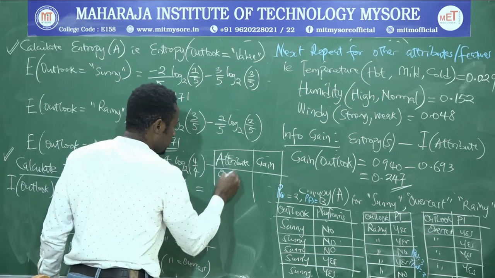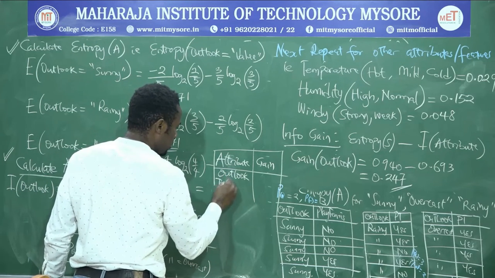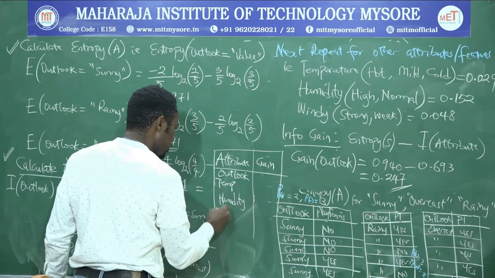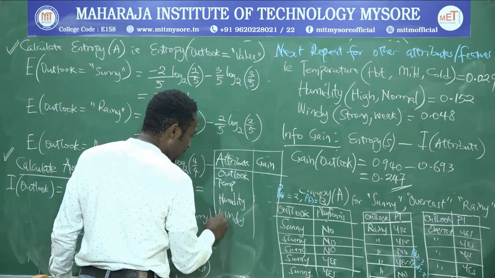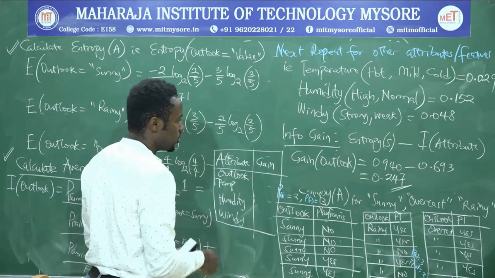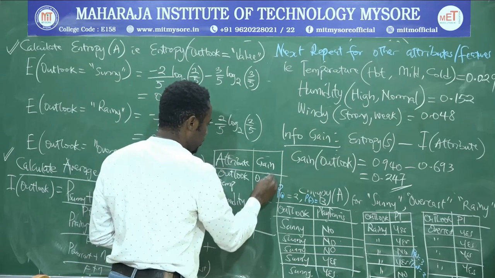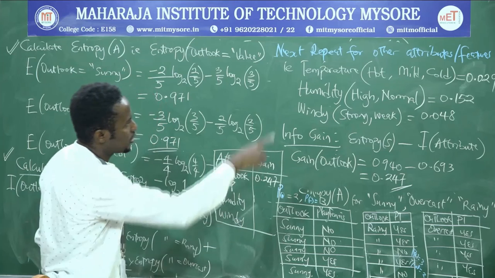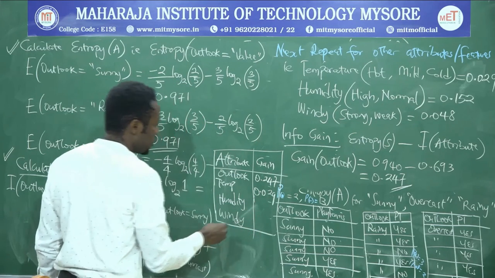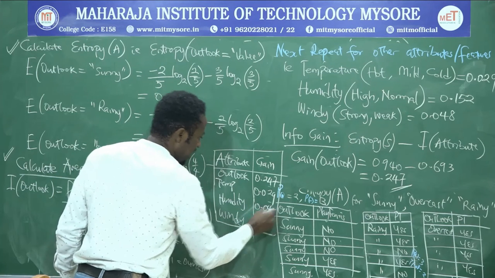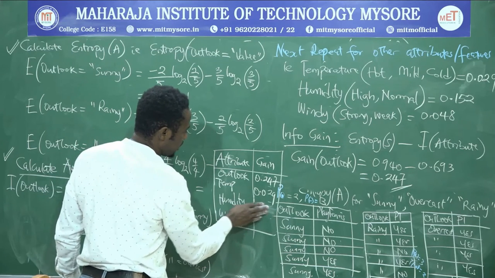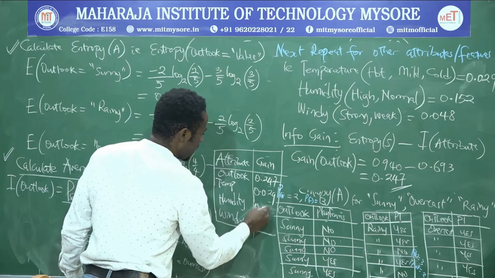Now the respective values: outlook was 0.247, temperature 0.029, windy 0.048, and humidity 0.152.